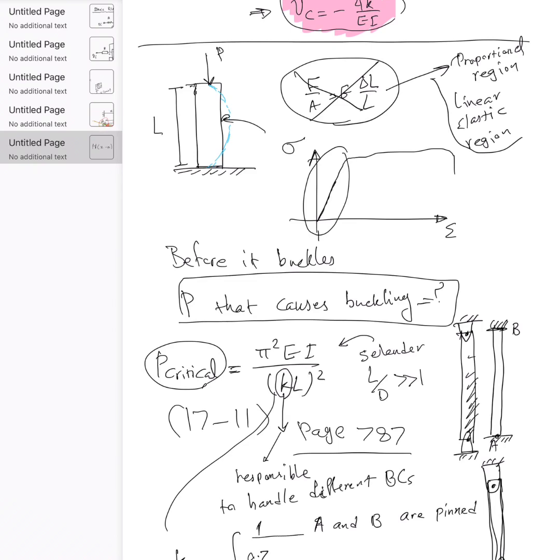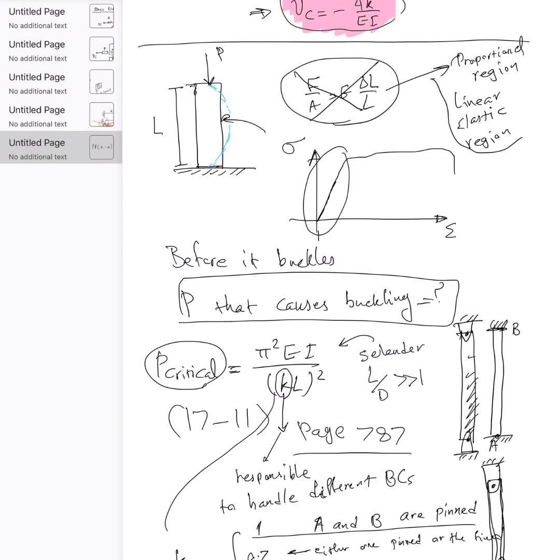And if one of them is pinned and the other one is fixed, then you get 0.7. And if both of them are fixed, then you get 0.5.